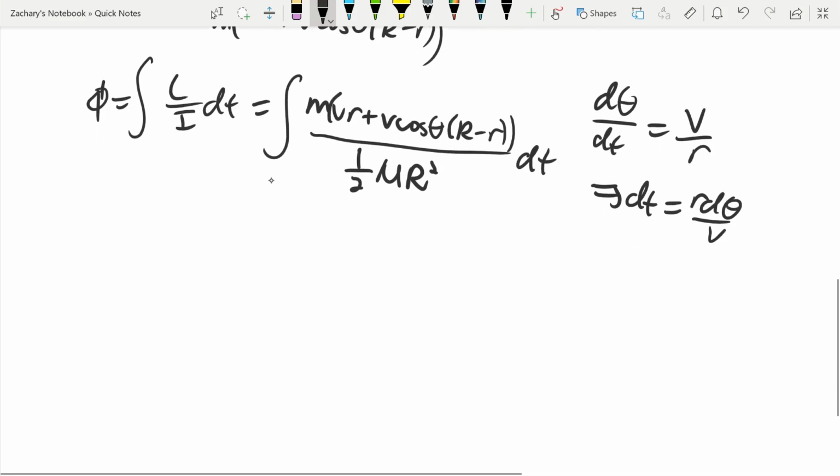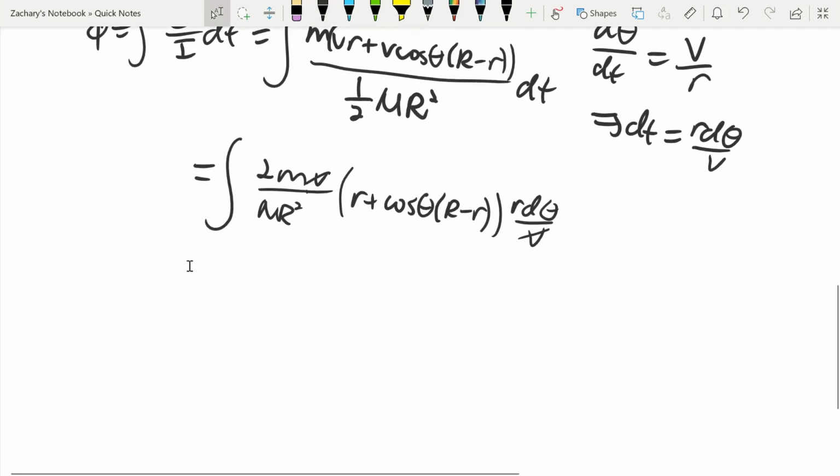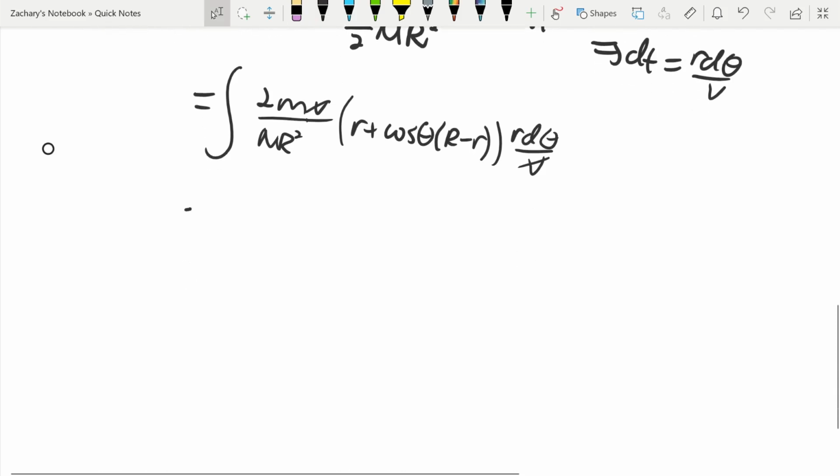And we get the integral of 2m over M R squared times v times (r plus cosine theta times (R minus r)) times r d theta over v, and the v cancels. Now it's pretty easy to integrate. We can look at the r and the cosine theta times (R minus r) separately.